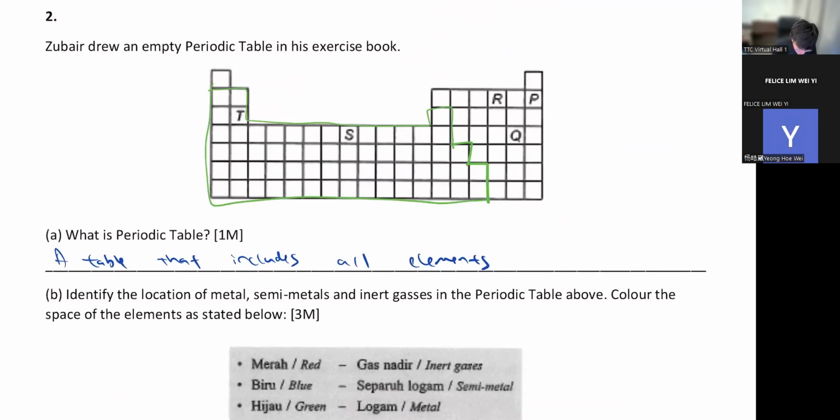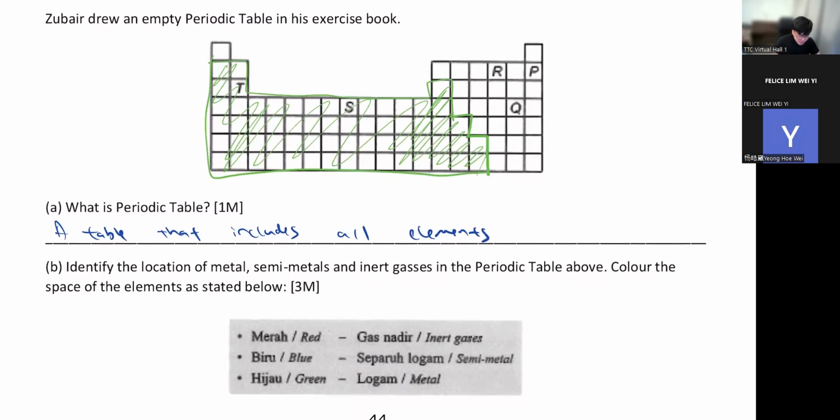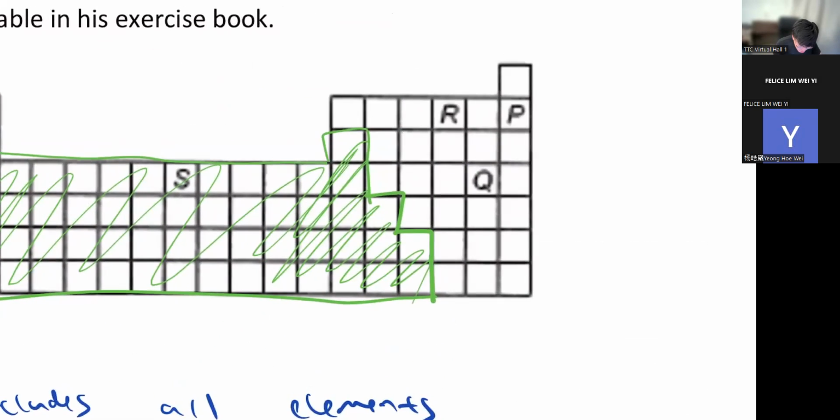Okay, I think it's here. Okay, so green. And then semi-metal blue color, your 半金属, your 不男不女 is here. So one, two, two, two. That's how I remember, you see. 一格两格两格两格. So 1, 2, 2, 2. So this is your non-metal.